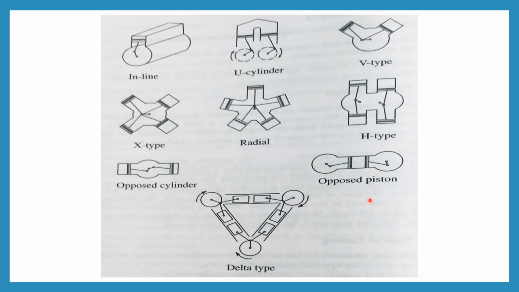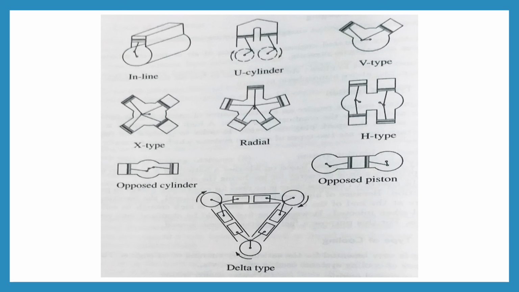Like the opposed cylinder arrangement, it is inherently well balanced. Further, it has the advantage of requiring no cylinder head, as an inherent feature. This engine usually functions on the principle of the two-stroke engine.